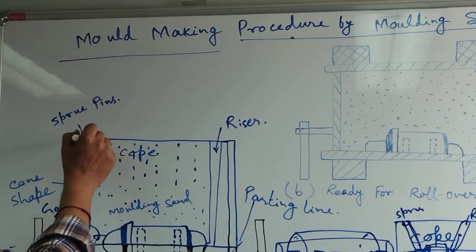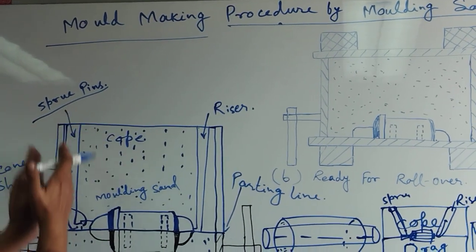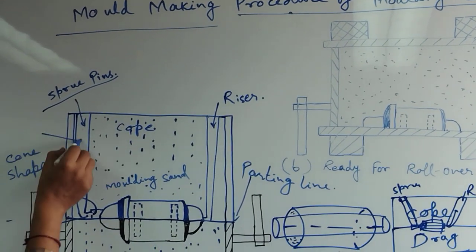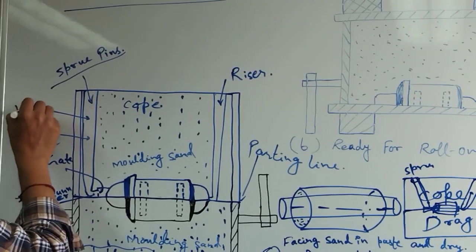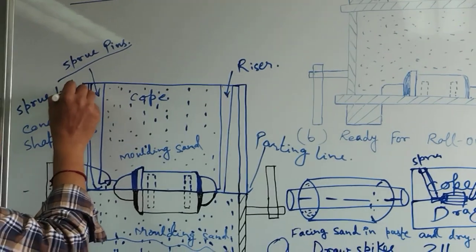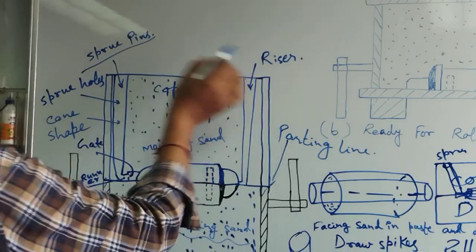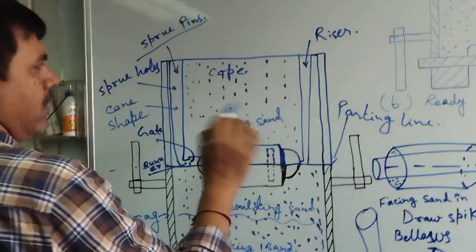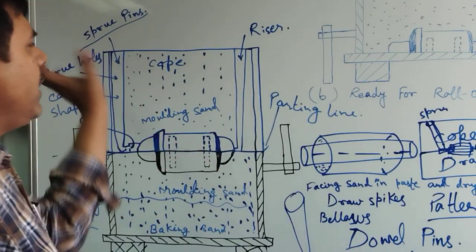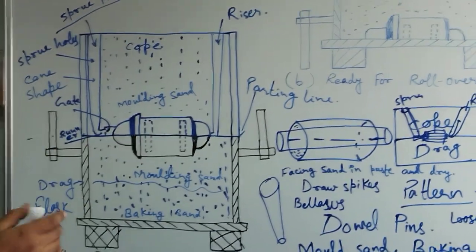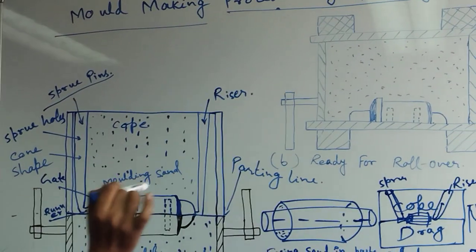Sprue pins are symmetrical, not specified for the runner or riser; both use the same proportions.